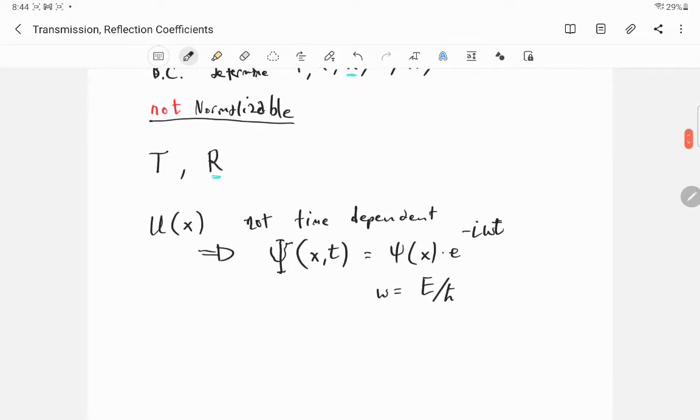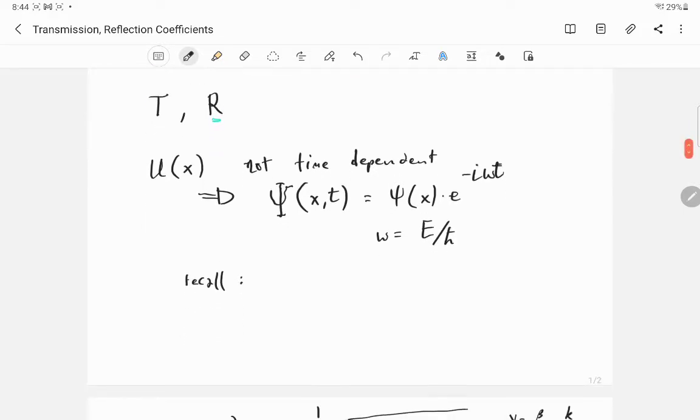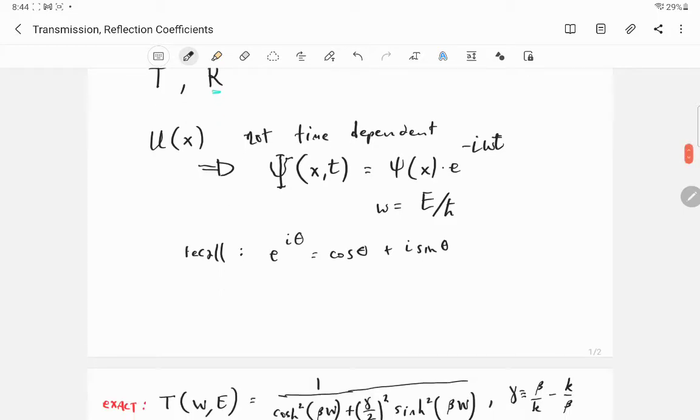All right, so I'd like you to recall first this following fact, that e to the i angle, or e to the i value, is cosine of the value plus i sine of the value.